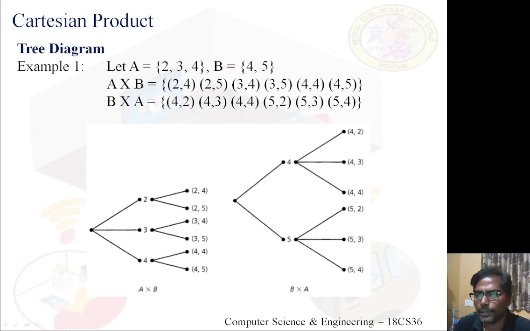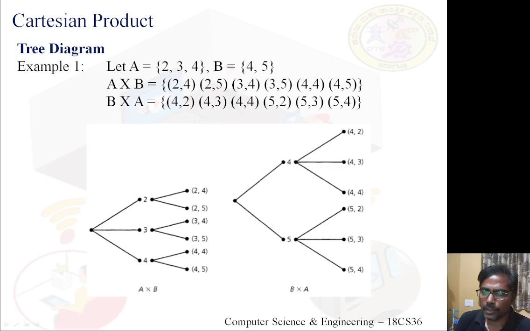But we know A cross B is not equal to B cross A. Now let me tell you how we can construct a tree diagram for the first cross product A cross B. Just look at the tree diagram in the first part labeled as A cross B.